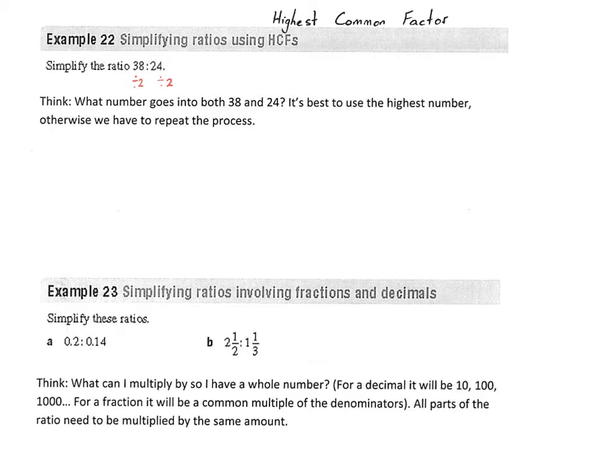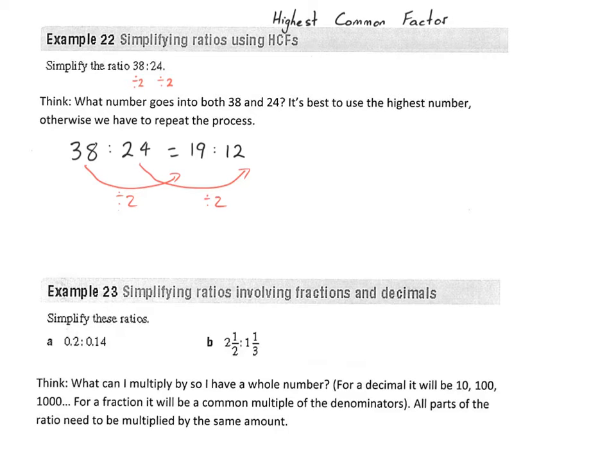So we're dividing both parts of the ratio by a common factor. 38 divided by 2 gives us 19, and 24 divided by 2 is 12. So we've got 19 to 12. And 19 is a prime number, so there's not going to be any more common factors. So 2 was the highest common factor in that case.